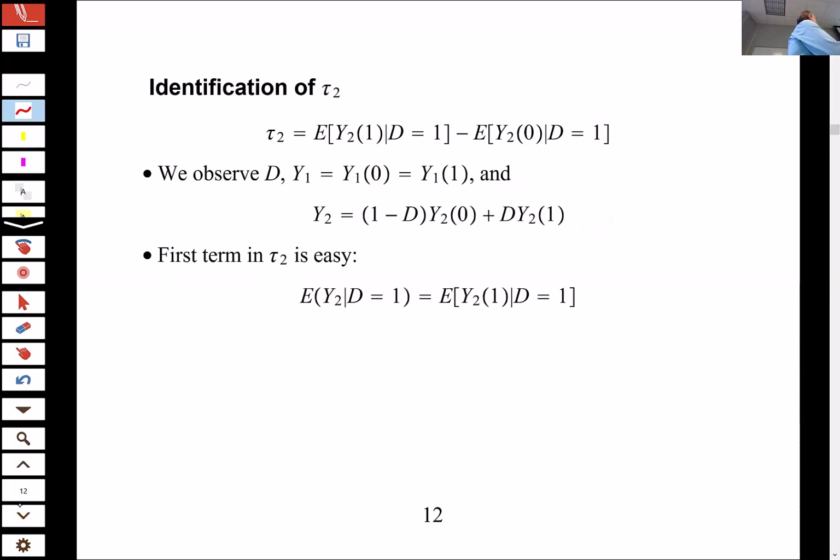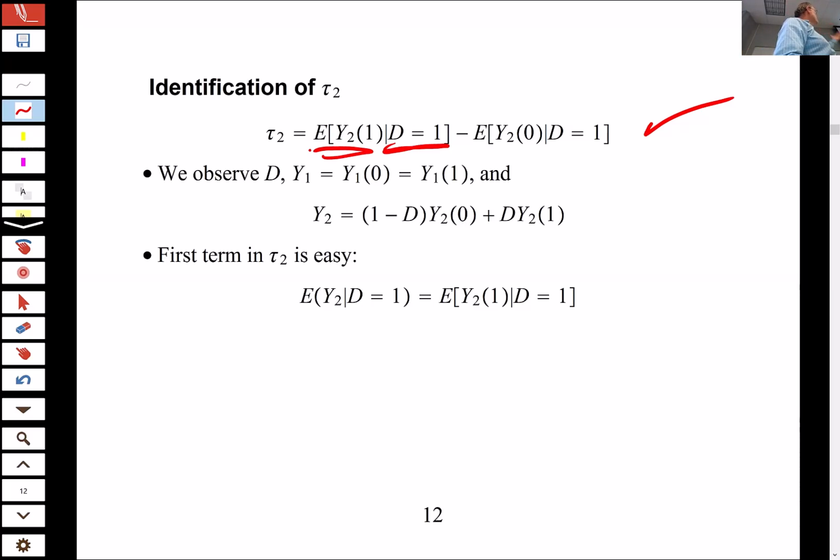Okay, so identification of the treatment effect. So we observe the outcome. The way this works is this is what the average treatment effect on the treated is, and we're going to use the obvious point that for the treated group, we actually observe the outcome in the treated state.